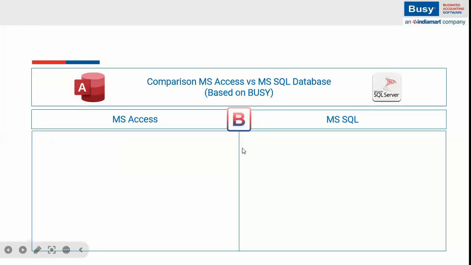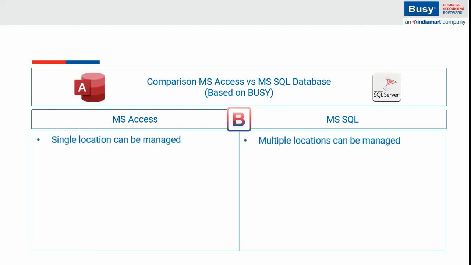Now let us discuss the comparison between MS Access versus MS SQL database. In Busy, if you are using the MS Access database, then you can manage a single location. But if we are using MS SQL, then multiple locations can be managed.